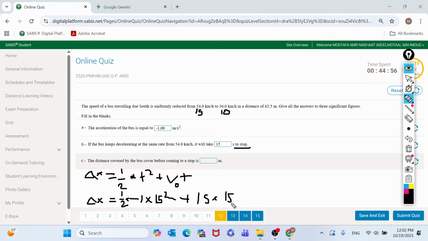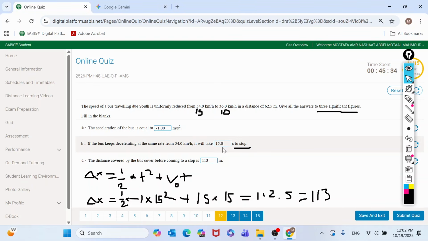You're gonna get 1 over 2 times negative 1 times 15 squared plus 15 times 15. You get 112.5, but they want 3 significant figures, so it's gonna be 113 because you're gonna round it up. Also, it's gonna be 15.0 because it's also 3 significant figures.